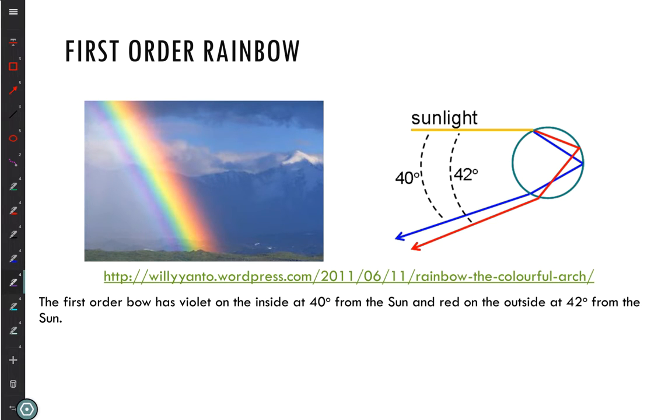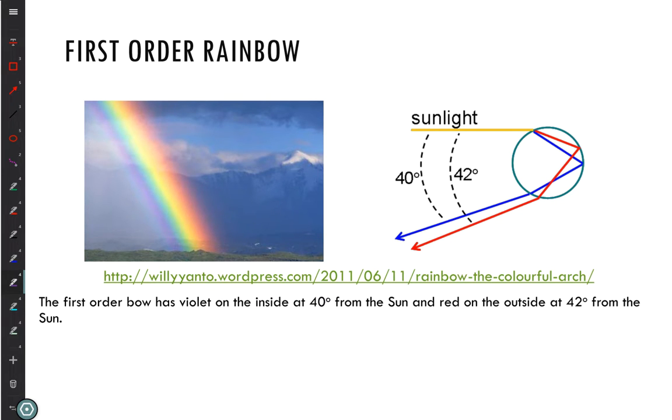And so how can I determine the sun's exact location if I look at a rainbow? To determine its exact location, it's actually easy.